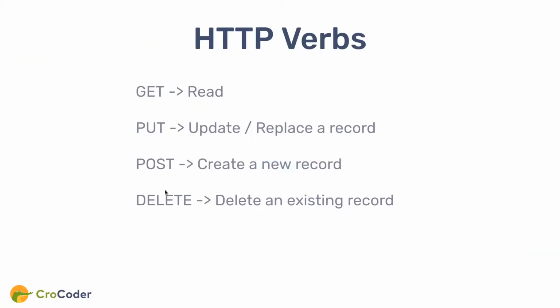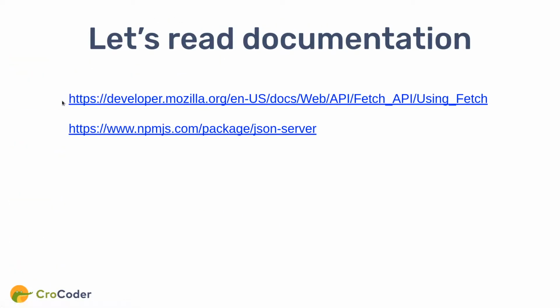So what we need to do is see how to use fetch and how JSON server works, because JSON server provides the REST API that we want to consume. We'll need to read the documentation and see what's going on, how we can get all the Pokemon, how to get a single Pokemon, how we can create a new Pokemon, and so on.